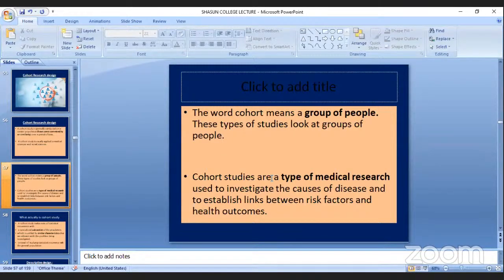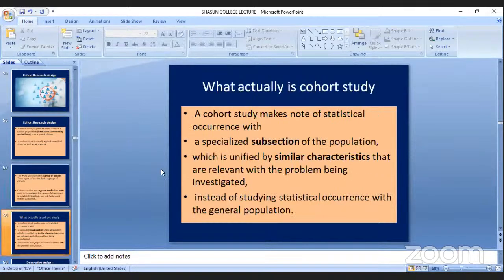That is cohort studies. A cohort means a group of people, so you study a group of people who are similar in all respects. All of them are in the same age group, all of them are in the same college. A group of people having similarities is what is called a cohort study.